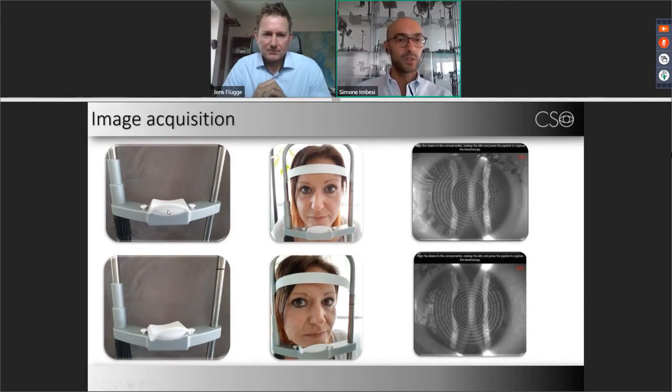This is how our chin rest works. This is the central position, and here, just rotating the chin rest with your hand, you can switch to the left and right positions.